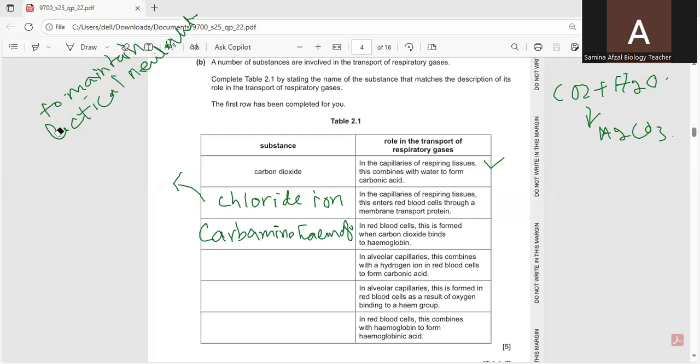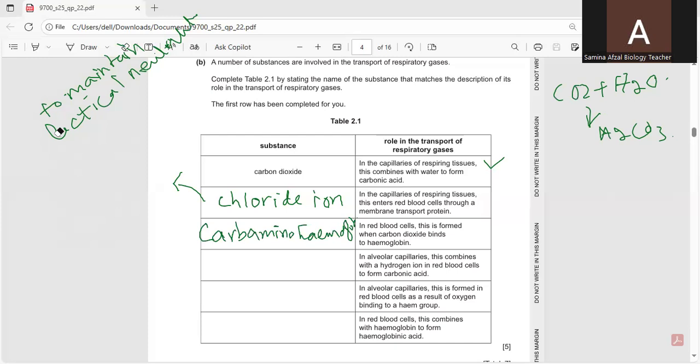It is formed when there is the highest concentration of carbon dioxide in the respiring tissues and the process of respiration is taking place. At that time, the carbon dioxide binds with hemoglobin and in this way, the carbon dioxide is transported.